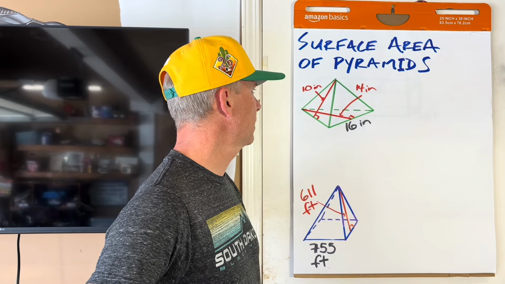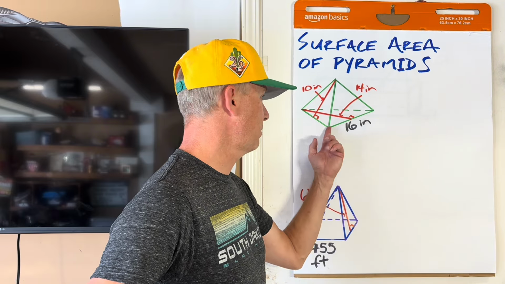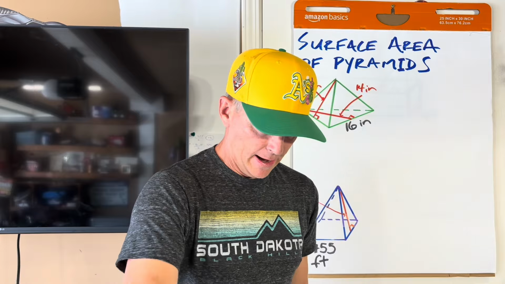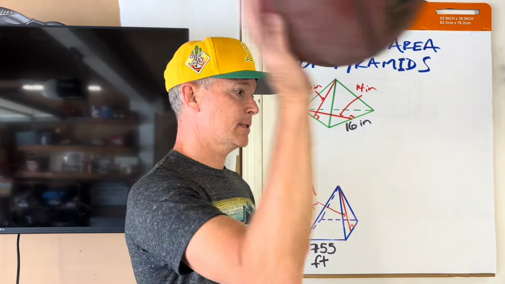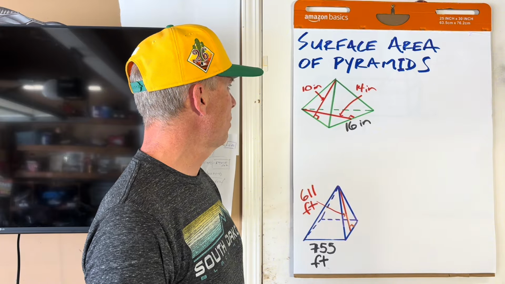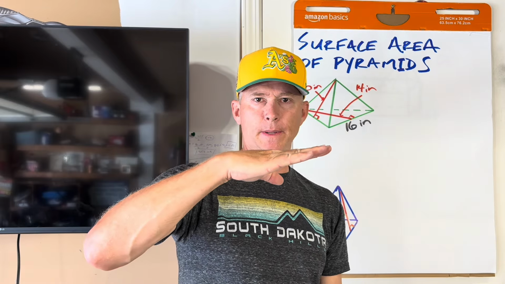When you talk about a pyramid, you can have any polygon as a base, and then you just meet at a point, and you have a pyramid. The triangular faces are called lateral faces. A pyramid has a base.